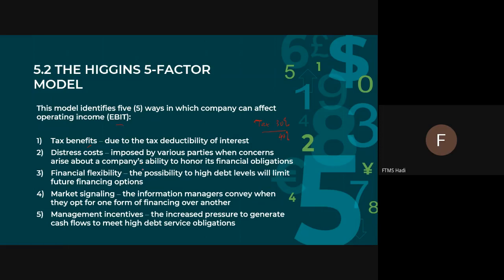The second one is distress cost imposed by various parties, when concerns arise about the company's ability to honor its financial obligation. We have two, which are debt and equity. Debt is more of an obligation than equity, because no matter how the company is doing, they still need to pay debt, even if the company is on the verge of bankruptcy.